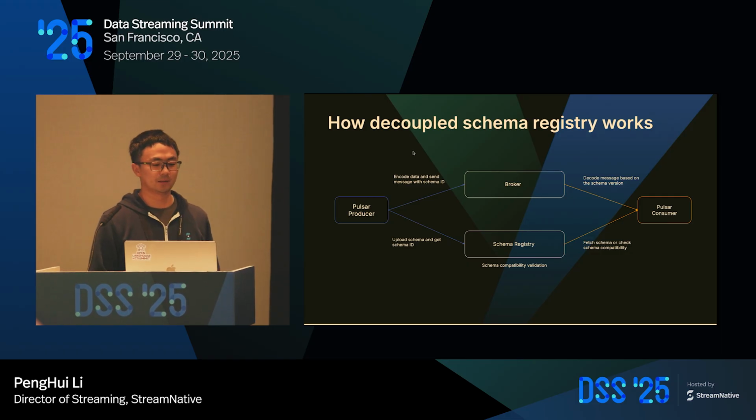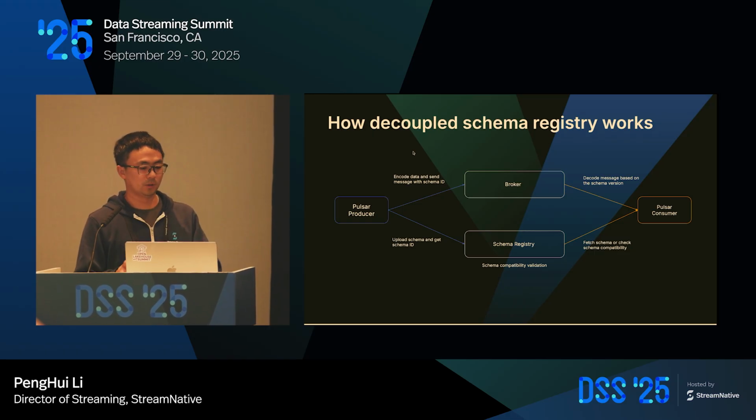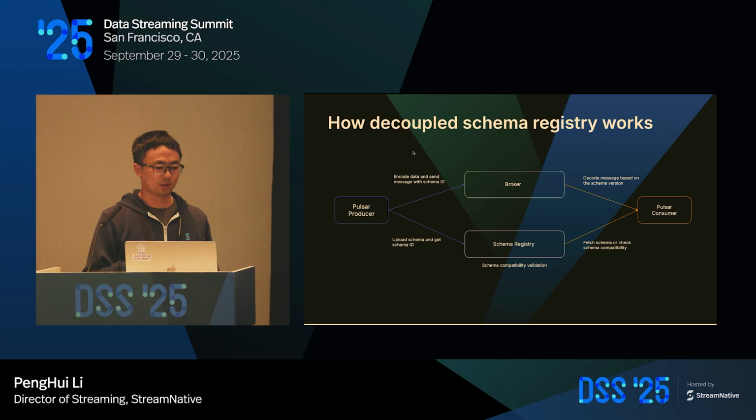The client side needs to talk to the external schema. You can talk to the built-in schema, but if you want to talk to your external schema, the client side needs to set your schema registry URL and the credentials, and you also need to upload the schema to your external schema registry and fetch the schema from it.